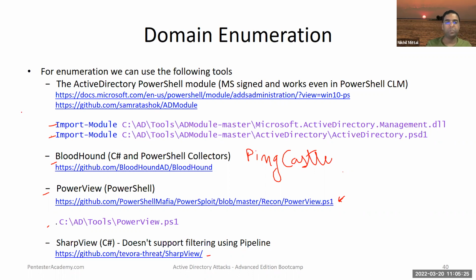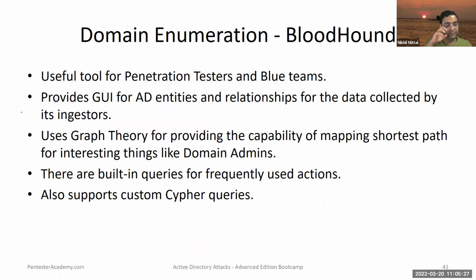Okay. Now let's first discuss Bloodhound. Bloodhound is a very useful tool for penetration testers and blue teams. However, please keep this in mind: it is a noisy tool. Bloodhound is not a silent tool.